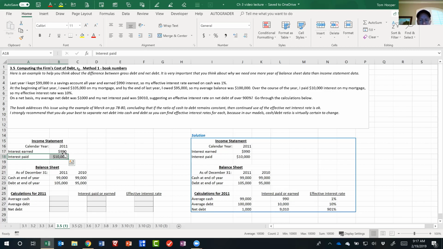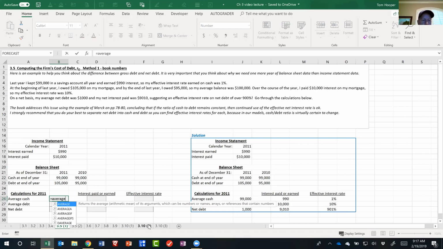I think we do that over here. Or I'm sorry, net interest paid. And then I could calculate what my debt was. So if I came into the year, or let me say cash, if I came into the year with $99,000 in savings and left the year with $99,000 in savings, then my average cash for the year was $99,000.